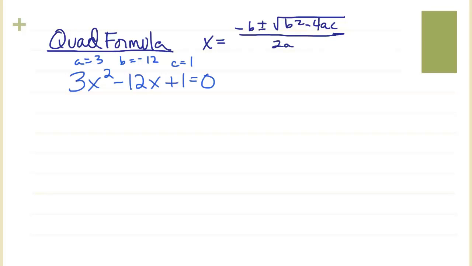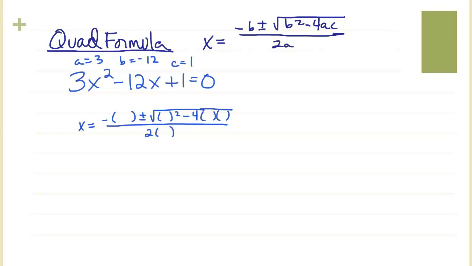So x equals negative, I tend to put parentheses, plus or minus. I tend to write it like that first, because that's going to help me not make mistakes in was I supposed to add or multiply, etc.